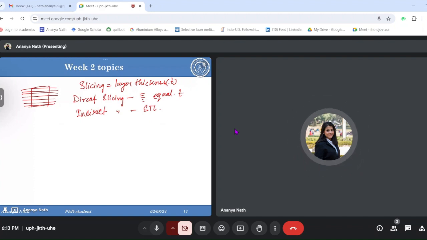That is adaptive slicing. The next thing is conformal slicing, where the degrees of freedom are much more, because there the base plate can be rotated or translated or tilted at some particular angle, so that the layer which is getting deposited each time is not flat, it's somewhat angular, so that some material is deposited at one part and some material is not deposited at the same time, so that we can get better accuracy.